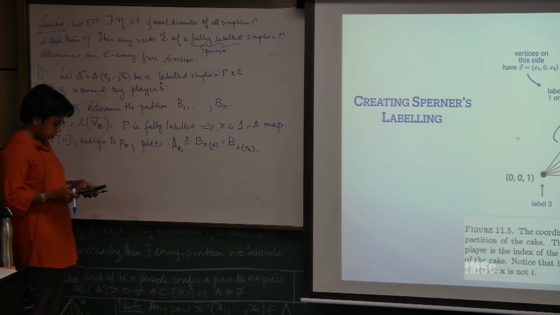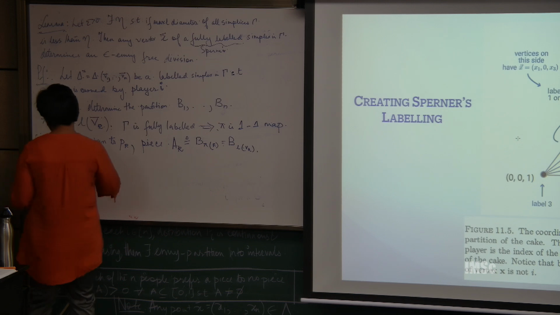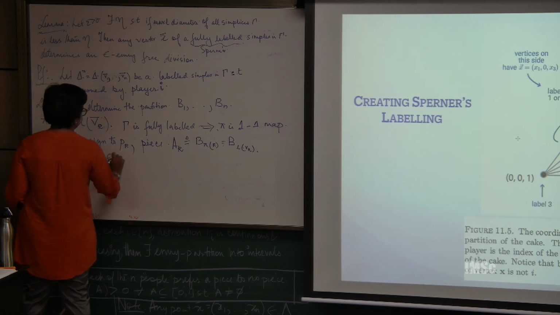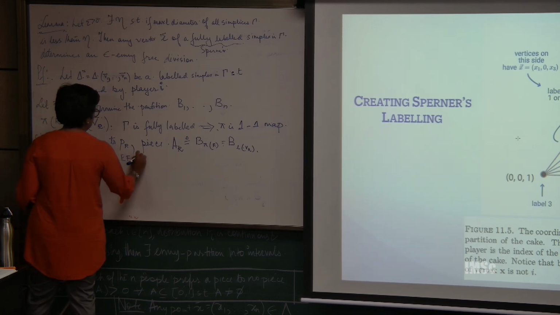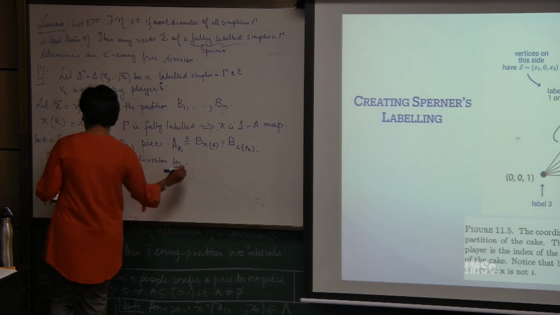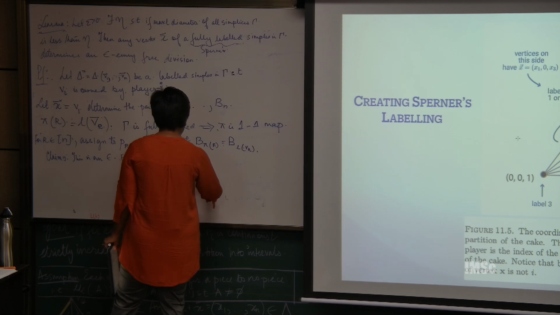Okay, I am going to just write it, claim: this is an epsilon envy-free division for sufficiently small eta.